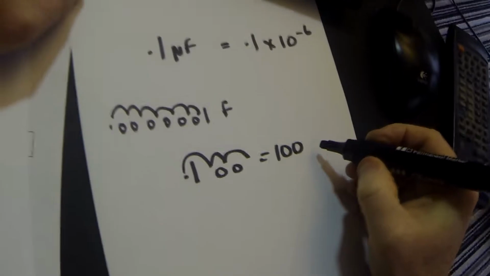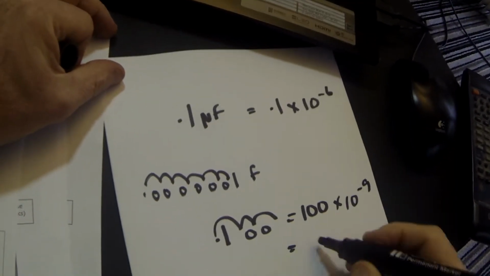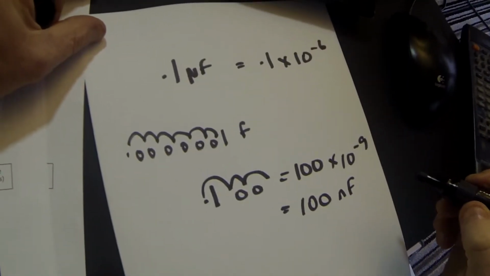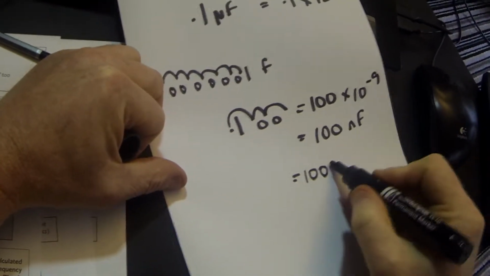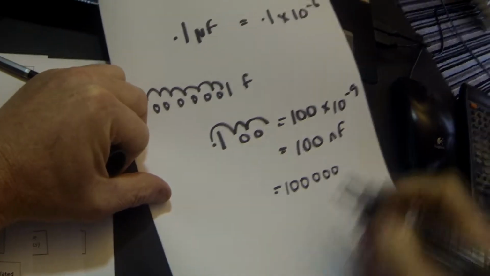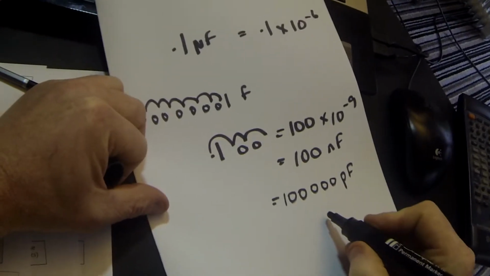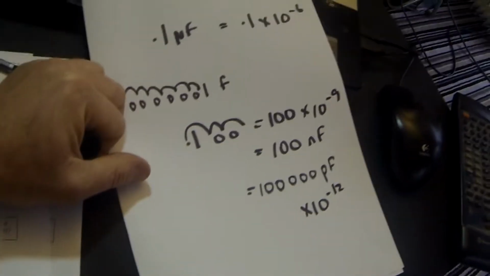In this case, it's 100 times 10 to the minus 9. In other words, this is 100 nanofarads. If we move that forward 3 more places and add on another 3 zeros, that would be the same as writing picofarads, because picofarads is times 10 to the minus 12.